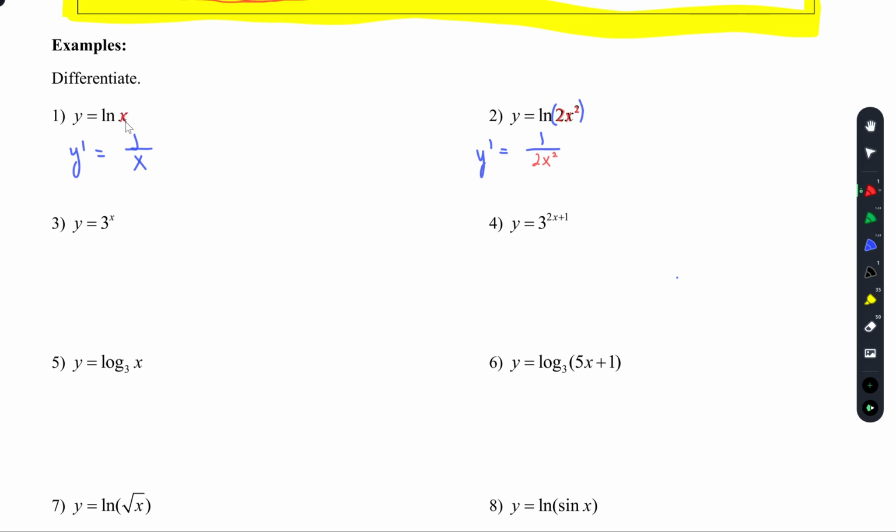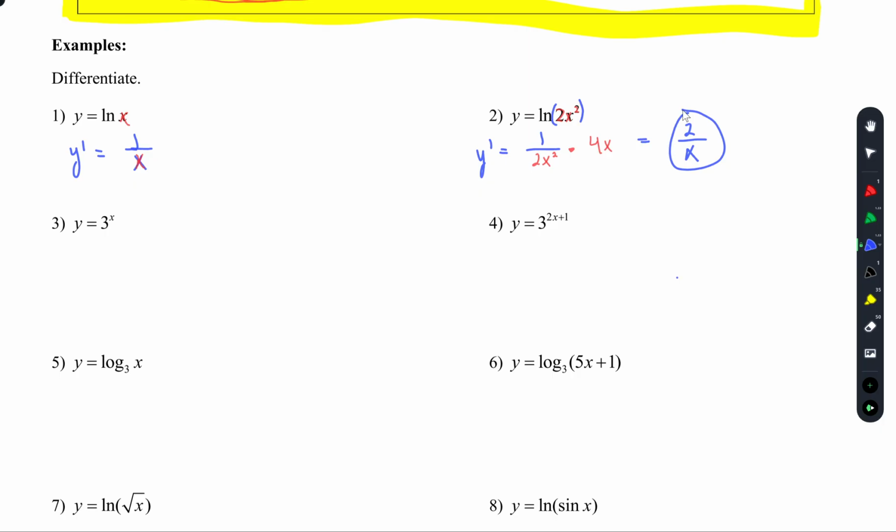Put that in red too. And then the derivative of x is 1. Okay, cool, nothing. This one, now I have to do chain rule on it. So I got to multiply by 4x. And then you clean it up. And then that's it. So what is that? 2 over x is the answer.